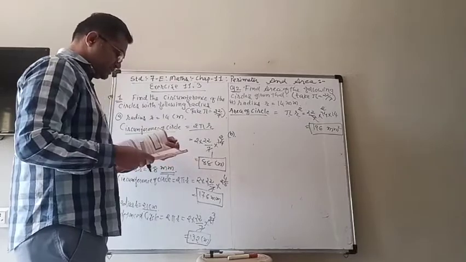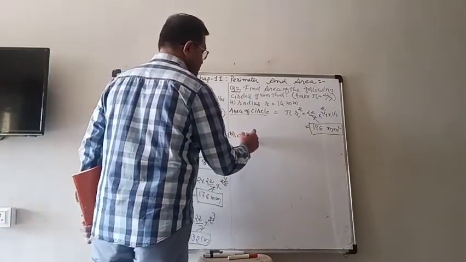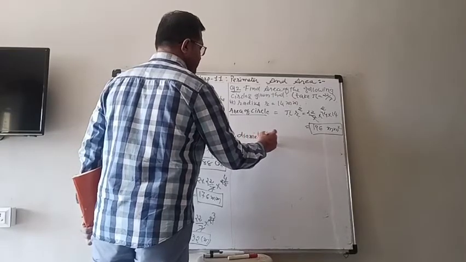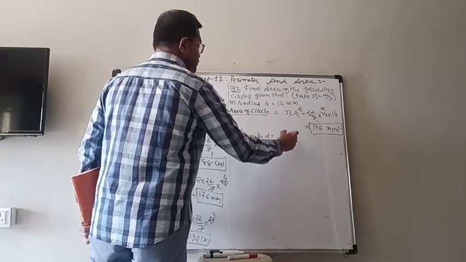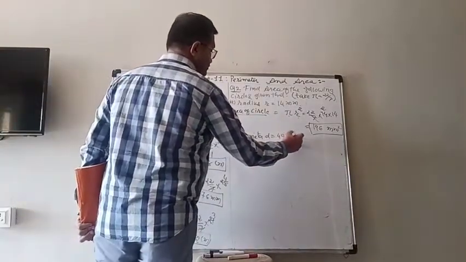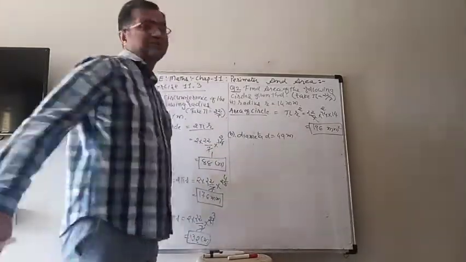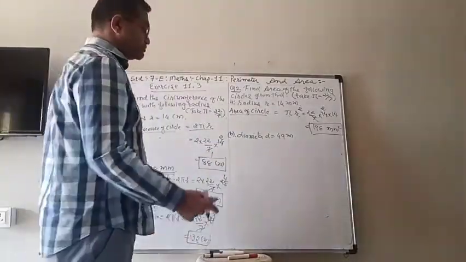In B, what is given? Here diameter is given. Diameter D is 49 meters. So don't be in a hurry to put the formula first. First we have to find the radius.